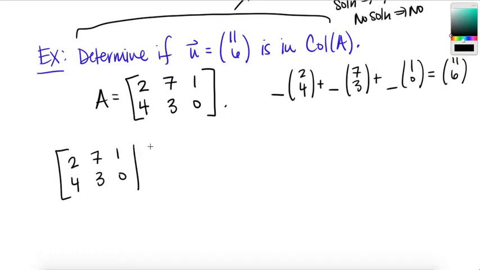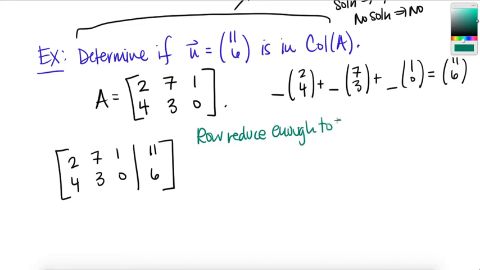So we're going to take our matrix, augment it by (11, 6), and we don't particularly care what the solution is. We just want to row reduce enough to see if it's consistent.